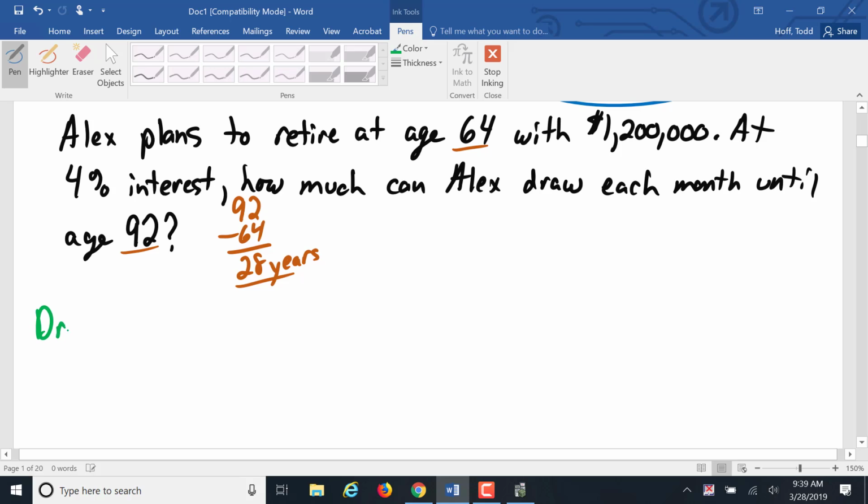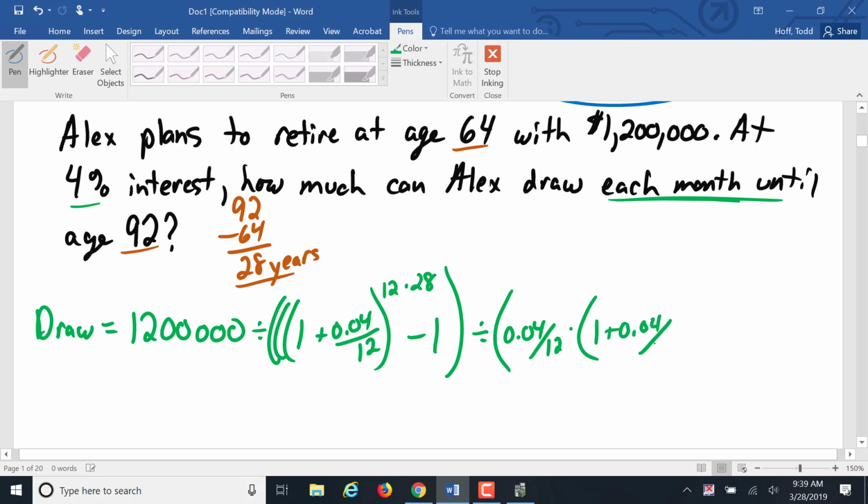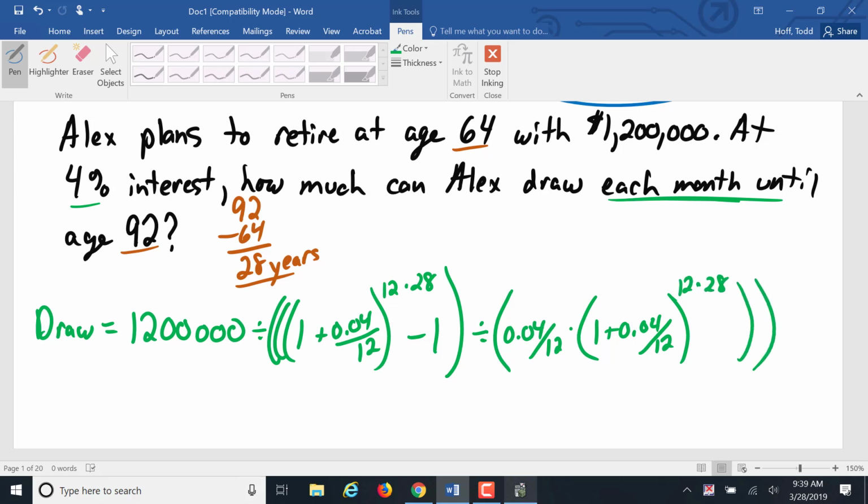The payment, that regular draw, in this case it's going to be monthly, is going to equal our present value, 1.2 million, divided by 1, 2, 3, open parentheses, 1 plus 4%, so 0.04, divided by 12, because it's going to be monthly this time, each month, to the power of 12 times 28 years, minus 1, close parentheses, divided by, open parentheses, 0.04 divided by 12 times, open 1 plus 0.04 divided by 12, close to the power of 12 times 28, and then 2 close parentheses.